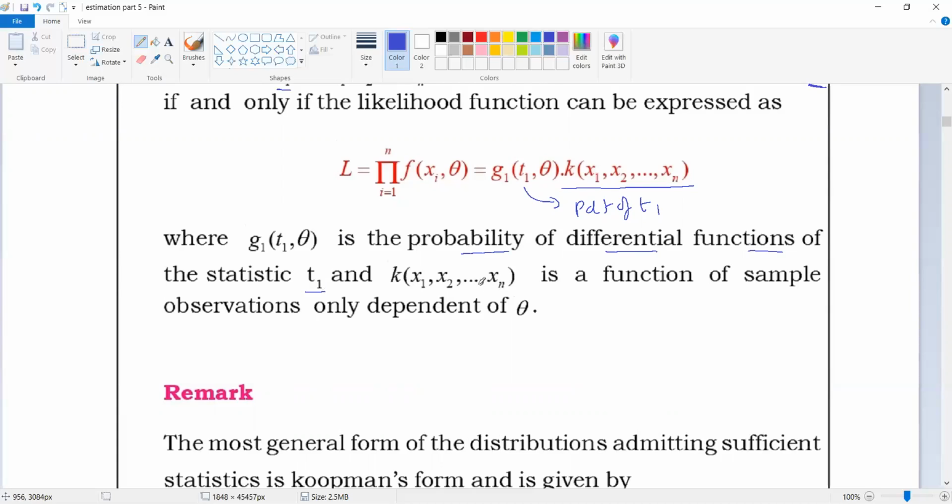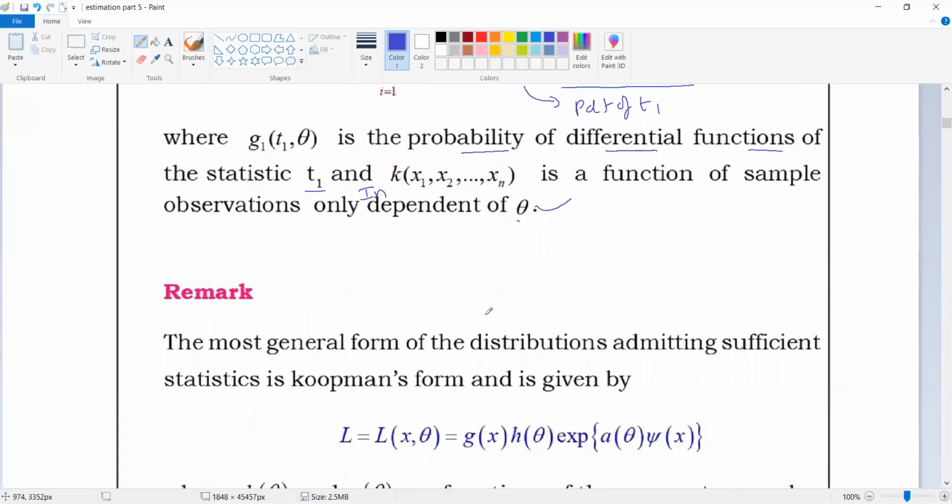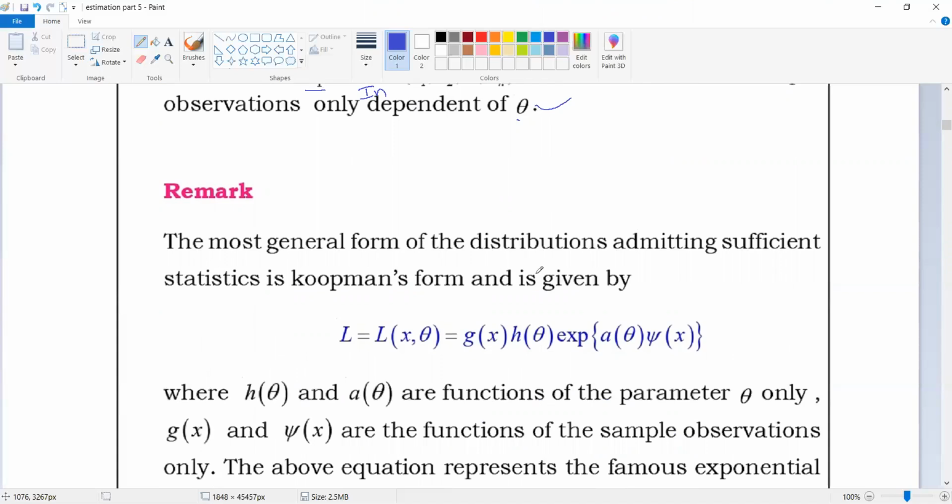K of x1, x2, ..., xn is a function of sample observations only, not dependent on theta, independent of theta. Using this factorization theorem or Fisher-Neyman criterion, we can identify the sufficient estimators.